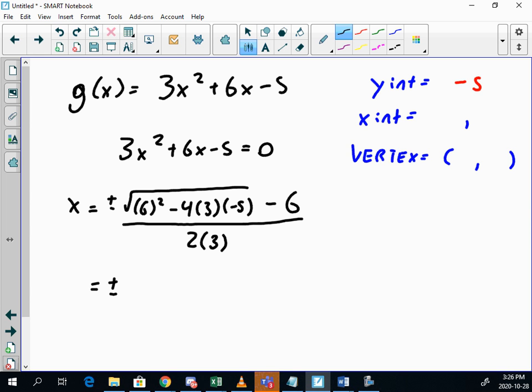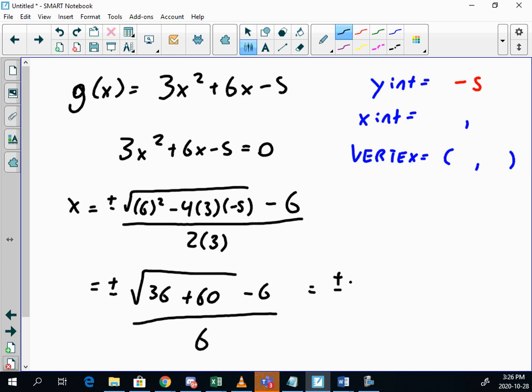If we take 6 squared, we get 36. And if I do -4 times 3, I get -12. And when I do -12 times -5, I get positive 60. 2 times 3 is 6. So altogether then, I have the positive or negative square root of 96 minus 6 divided by 6.